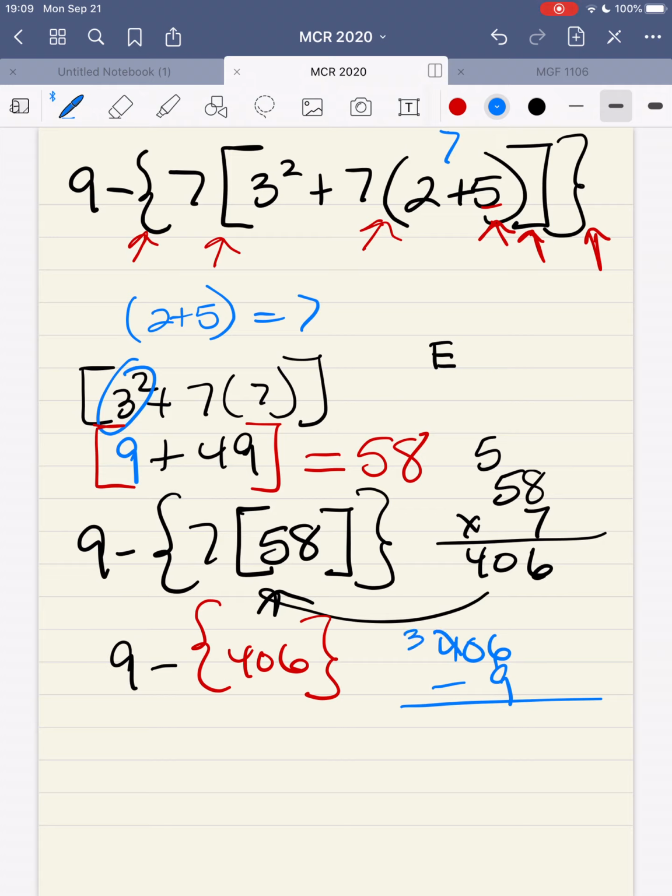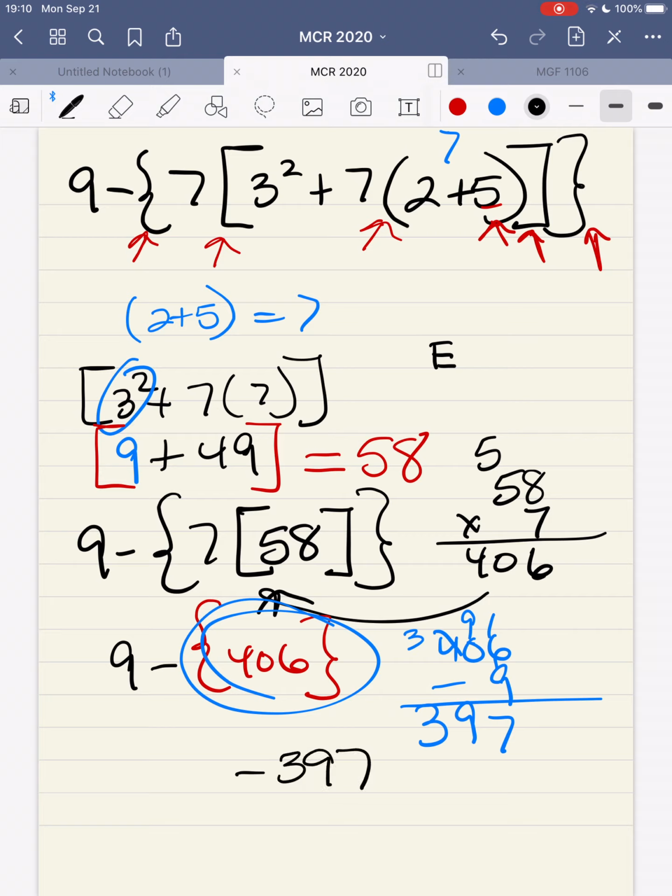So here I have 3 here, I have 9 here because we borrowed a 10, and 16 here. So we have 16 minus 9. It's going to give us 7. And then we have a 9 and a 3 here. But remember that our number 406 is larger than 9, so our final answer is negative 397. Right?